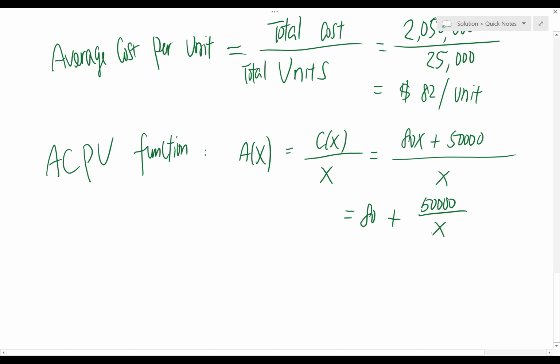In this case, when x increases, the average cost per unit function decreases. So x increases, then A of x decreases. They move in opposite directions. So the more units produced and sold, the smaller the average cost per unit.